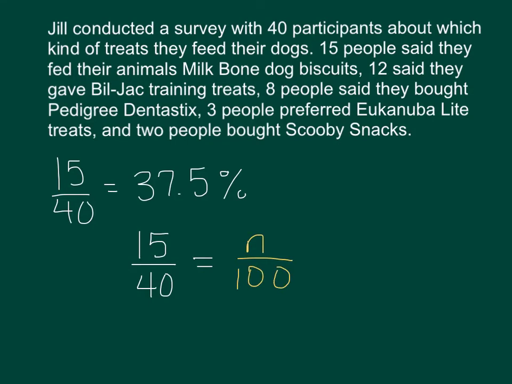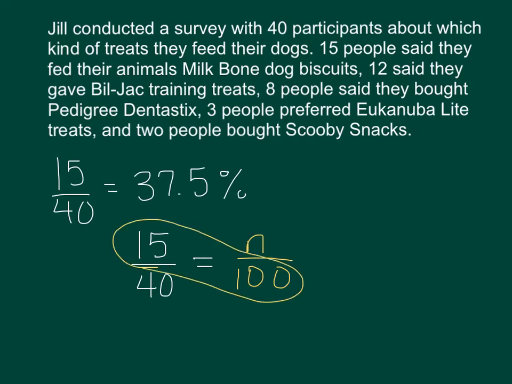And we're doing that over 100 because all percentages are fractions out of 100. So we're just saying that 15 out of 40 will be equivalent to a certain number over 100 as a percentage. So we're going to go ahead and solve our ratio like we have been with our regular proportions.